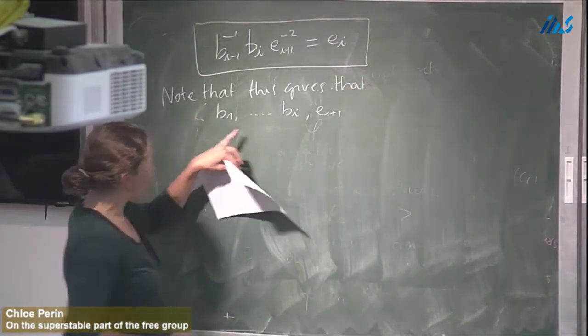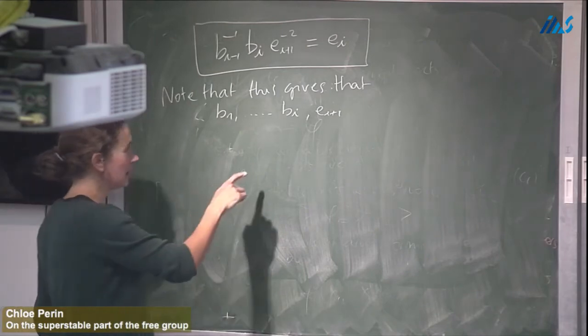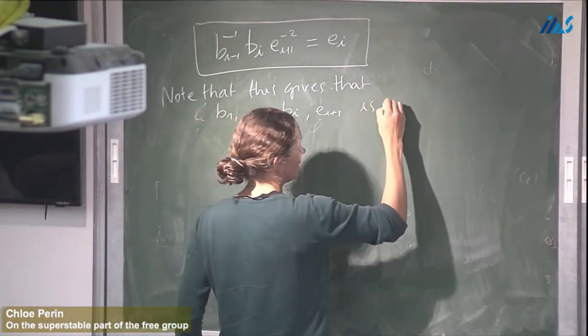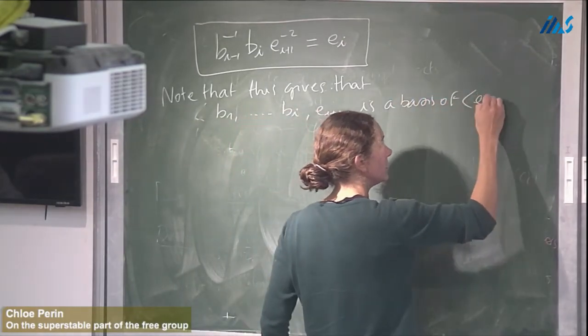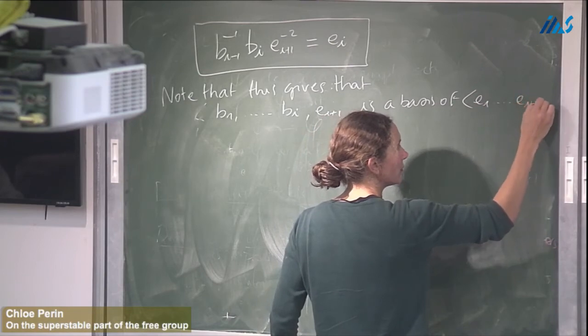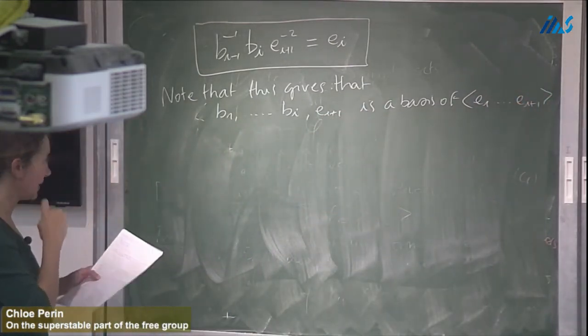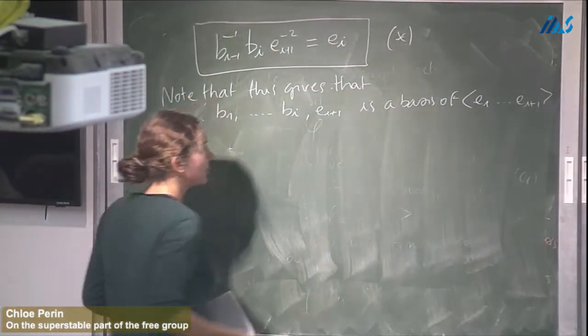It means that these I plus 1 elements generate the same group as E1 up to EI plus 1, and so this is the basis of the I plus 1 factor of F omega. Let me give a name to this relation because we will be using it.